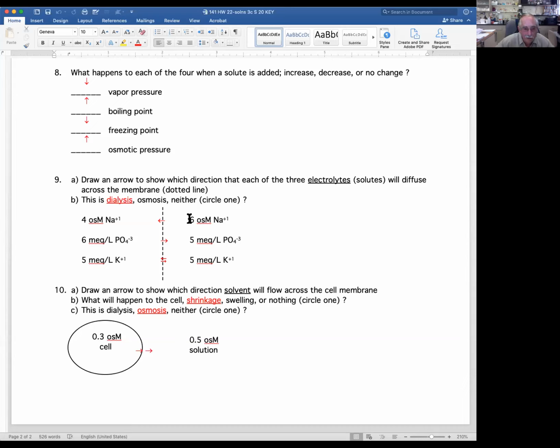So sodium would diffuse that way, or dialyze that way. Phosphate would dialyze that way. And potassium is going to go both ways. Just because these are the same concentration means that nobody sends a guard to the semi-permeable membrane and says, hey, you guys can't go here anymore. It's just that the rate in one direction is now equal to the rate in the other direction.